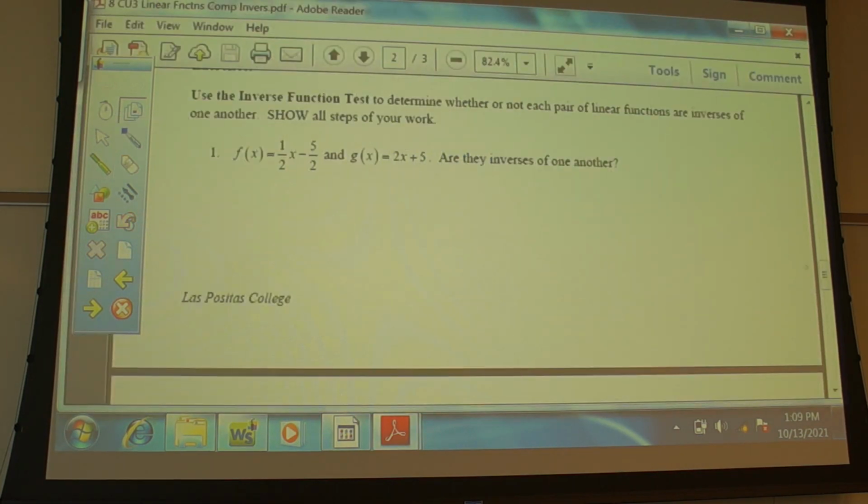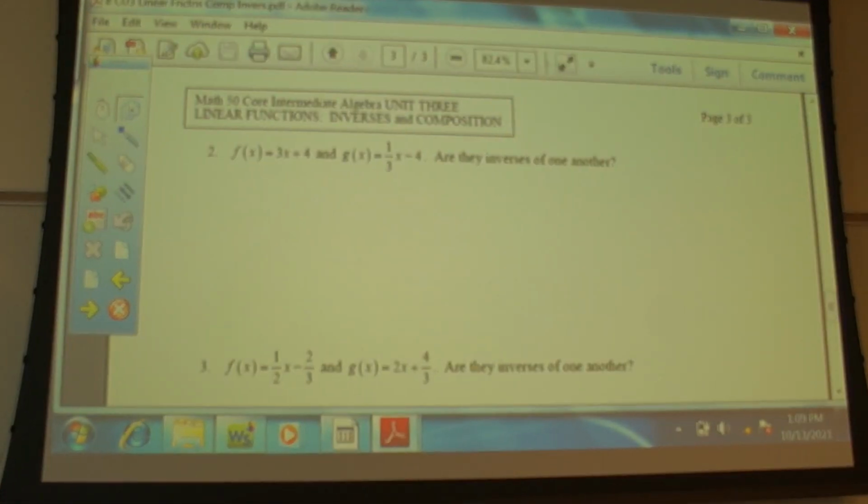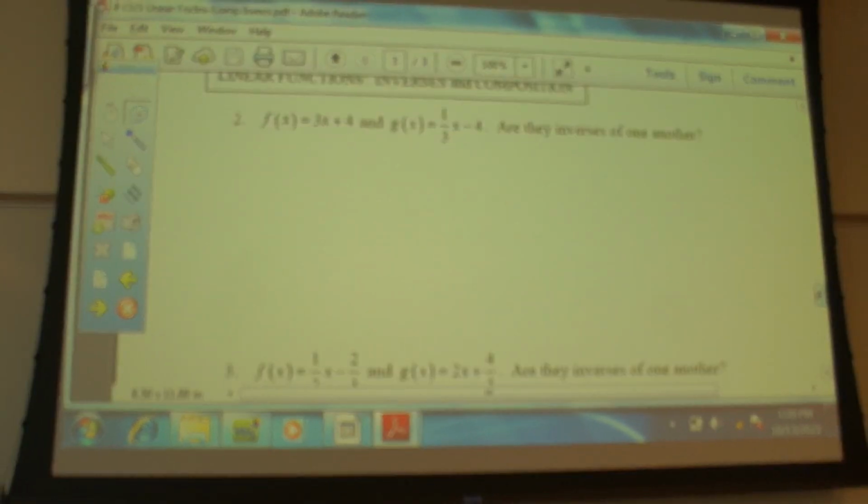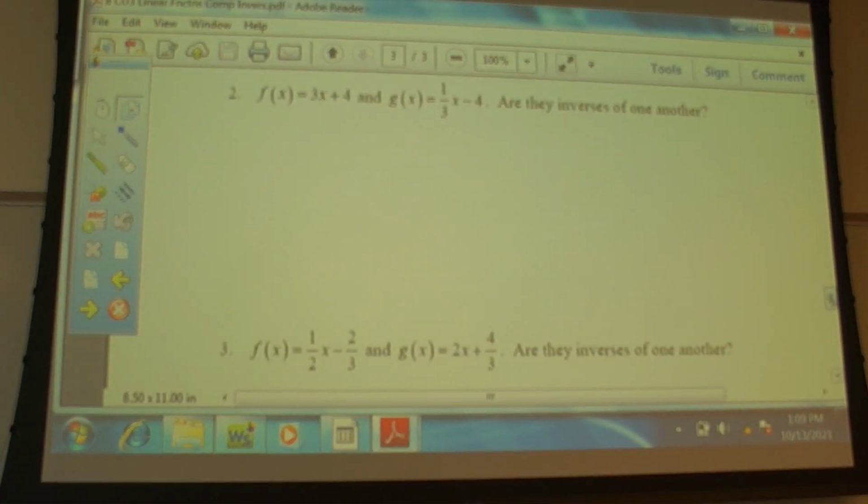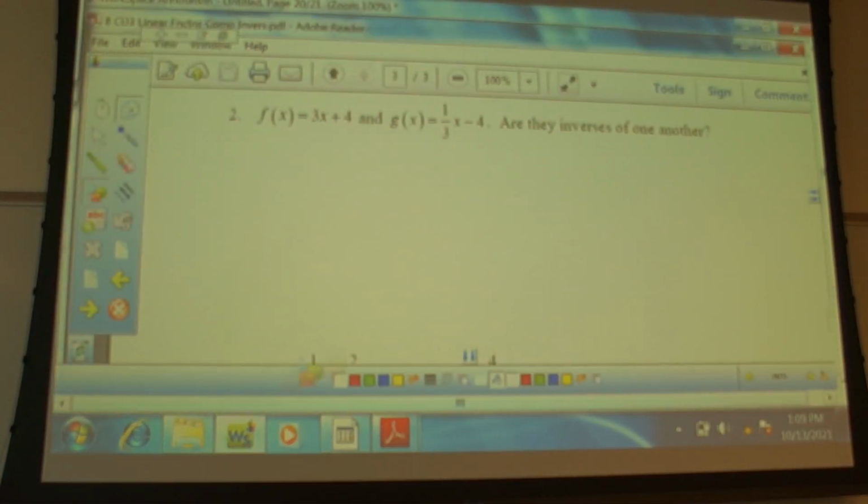Okay, let's take a look at problem number 2. Well, I need to find f of what, guys? What goes inside here? Anyone? g of x, yep. So I'm going to write down what f is, only put a big parentheses where x is.